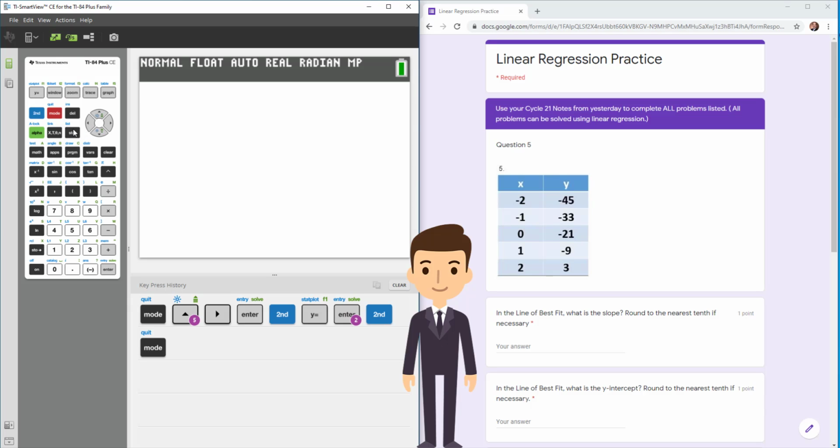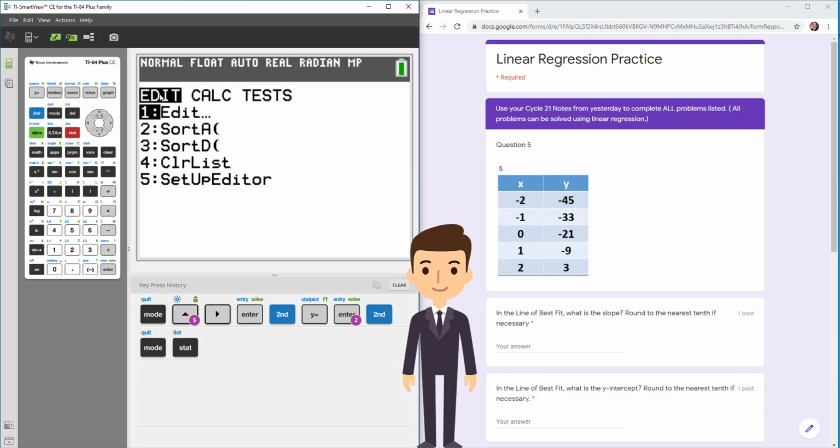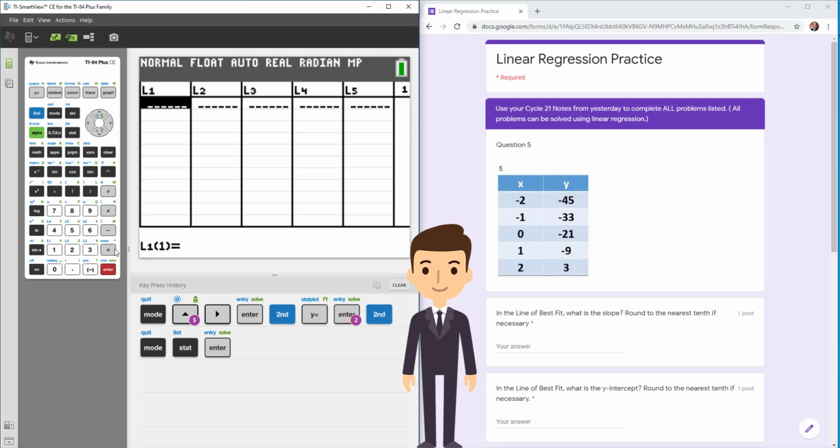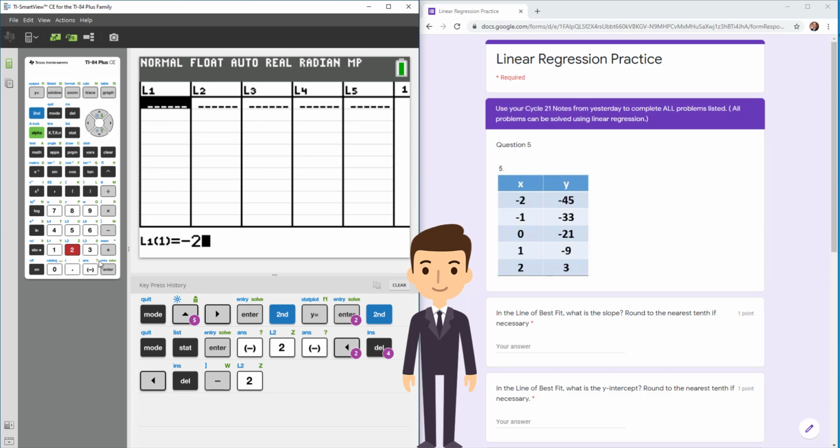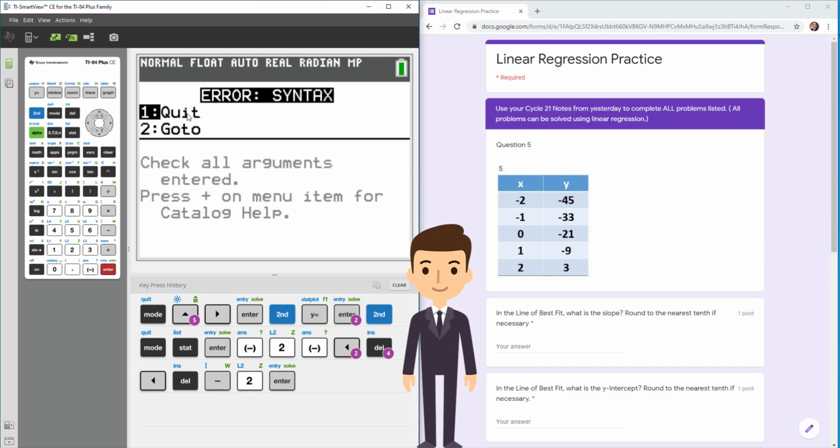Now that I have that, I'm going to go to stat edit, which is the first one that's on, so I hit enter, and I'm going to put in all these points here. So I got to get -2, -1. I'm going to show you what happens if you accidentally put in -2. So here's what I'm going to do. I'm going to delete that. Here we go. So let's say I accidentally type in -2. If I hit enter, it's going to give me this error here. And if you get something like that, check to make sure that you put the negative and not the minus sign, okay?